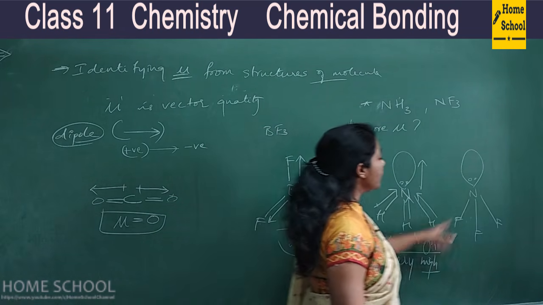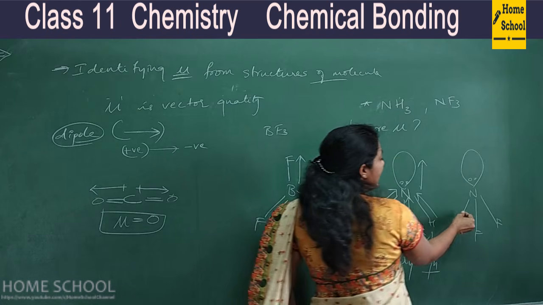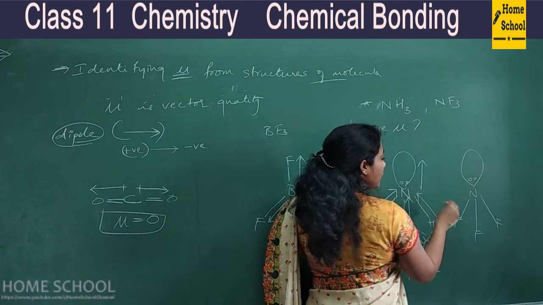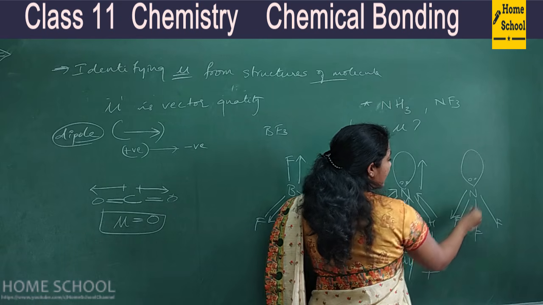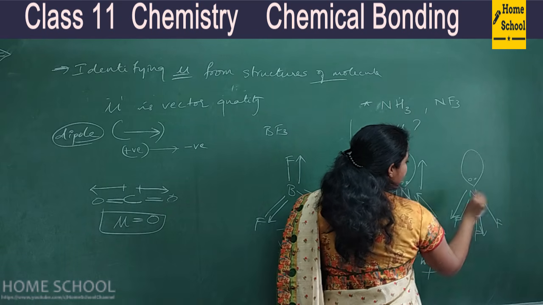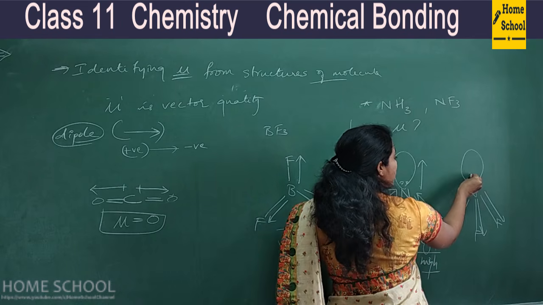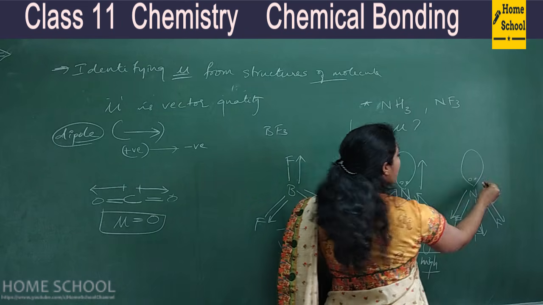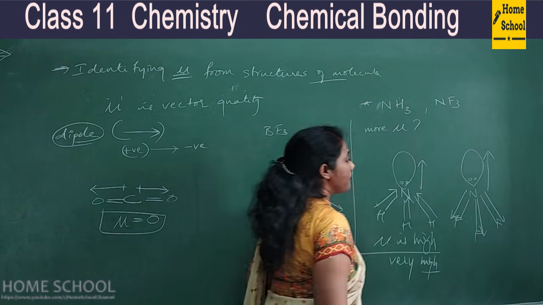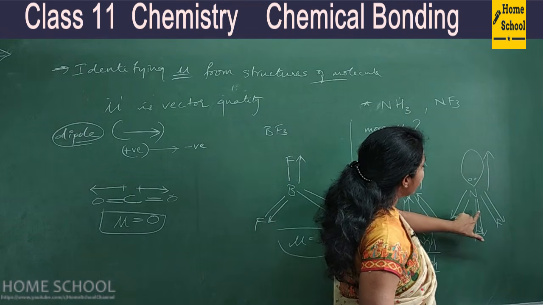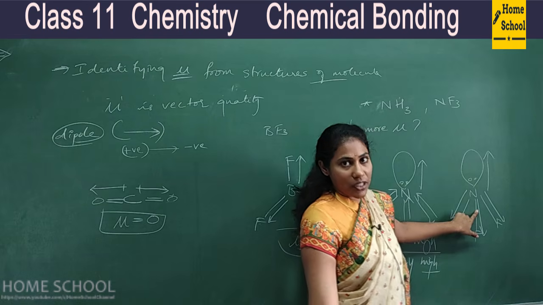And coming to NF3. How will you show the dipoles for a bond? Compared to nitrogen, fluorine is more electronegative, so the dipole is like this. For this bond, dipole is like this. For this bond, you will show like this. And here, between nitrogen and lone pair is more negative, so you will show the dipole up. And here you see one arrow direction will get cancelled with another arrow's direction, right?